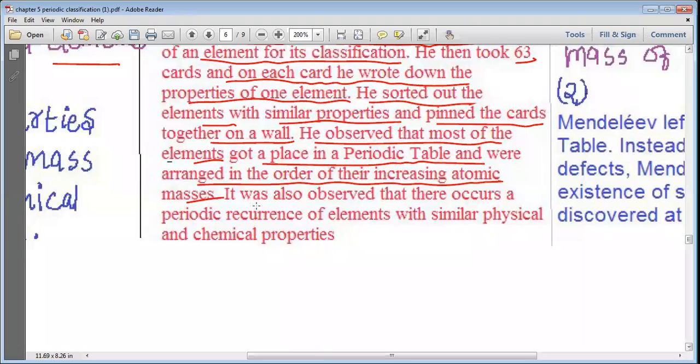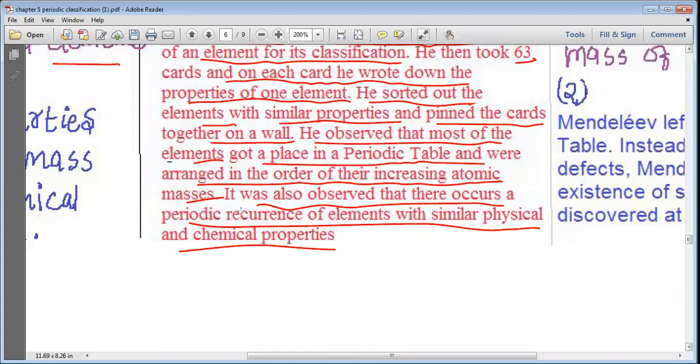It was also observed that there occurs a periodic reoccurrence of elements with similar physical and chemical properties. So after a certain number of elements, if we arrange in the increasing order of their atomic mass, an element comes which has similar chemical and physical properties, and this is known as the periodic reoccurrence of elements.